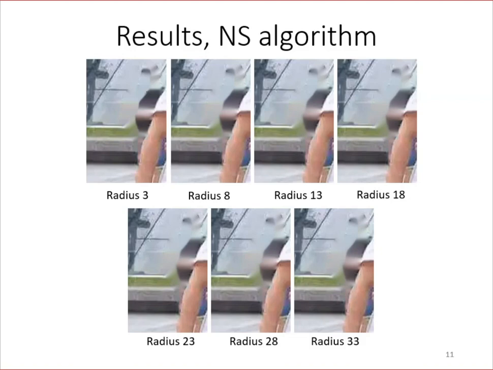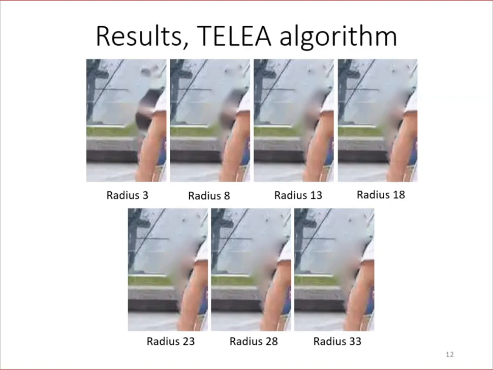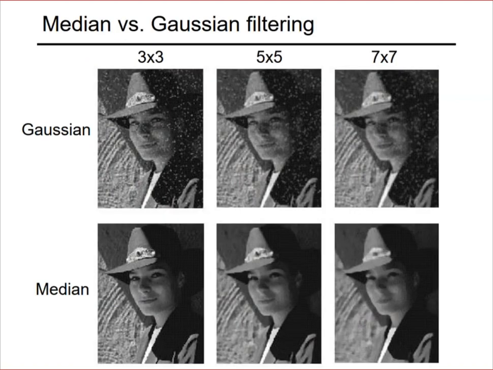I don't know, I need to try. And for the TDR algorithm, the same, I don't know, I need to try. For the median filter, it's the same. I don't know what the best kernel size is, and I need to try.